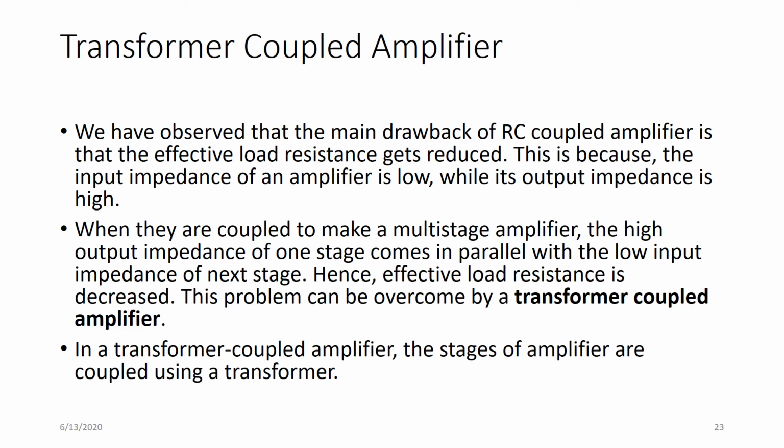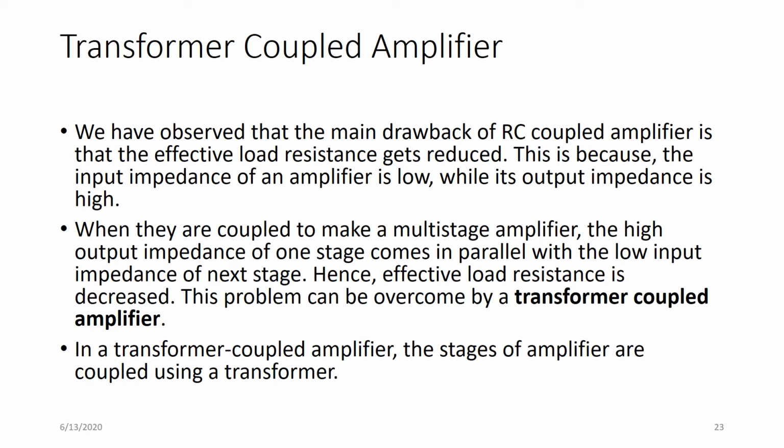When they are coupled to make a multi-stage amplifier, the high output impedance of one stage comes in parallel with the low input impedance of the next stage. Hence, the effective load resistance is reduced. This problem is overcome by the transformer coupled amplifier.